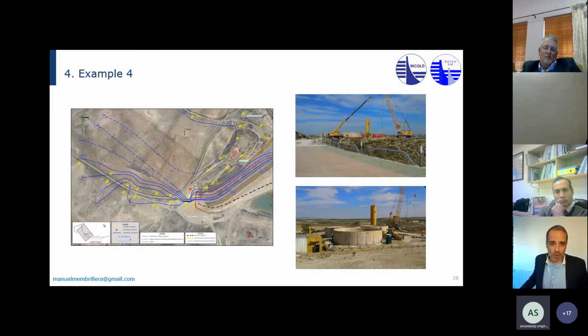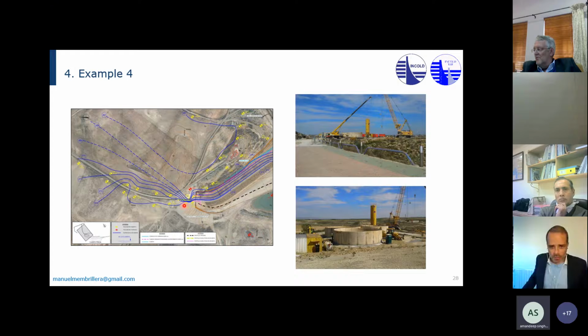And then the cut-off wall in the foundation was extended. This is the left abutment. This is the crest of the dam. This is the reservoir. And the cut-off wall, this black line here, was extended 200 meters. You can see how, thanks to all these open standpipe piezometers, these white dots, we could follow the lines of equal pore pressure.